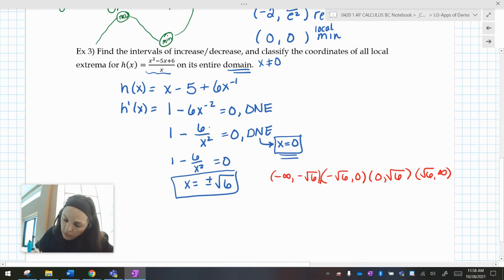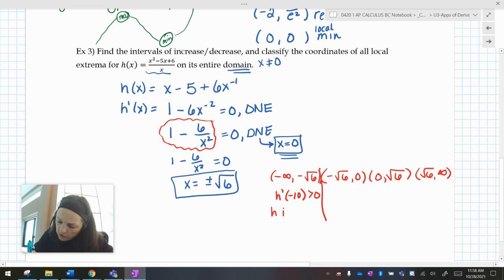All right, h prime. I'm going to use this to evaluate h prime. So h prime of, let's say, -10, that's going to be 1 minus 6/100ths. Yeah, that's positive. So h is increasing. Between -√6 and 0, h prime of -1 is 1 minus 6 over 1.